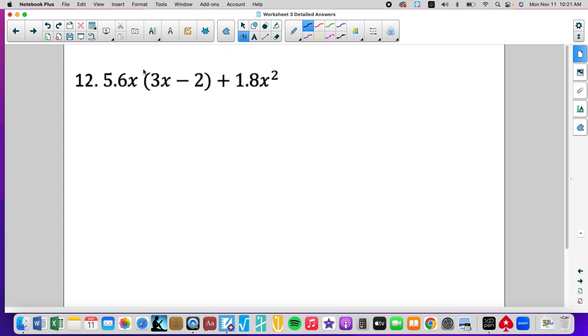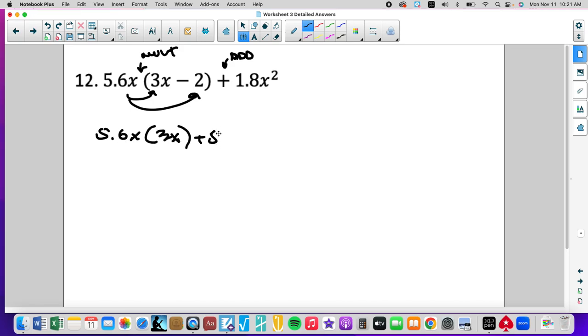All right, we've got multiplication here, and then we have addition. So we're not going to add this. We have to distribute this to both of the terms. So 5.6x times 3x plus 5.6x times negative 2 plus 1.8x to the second. That's when we put it in there. What's that?